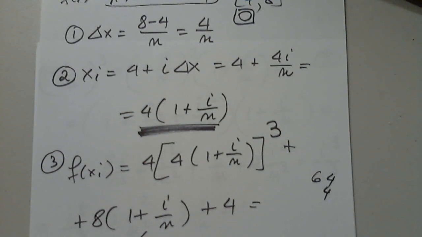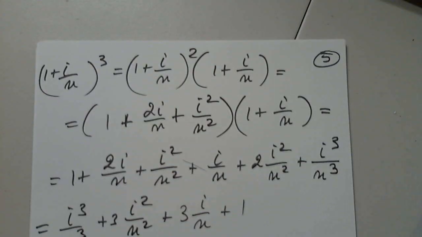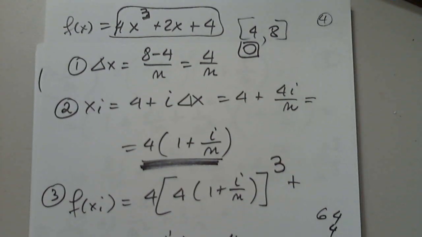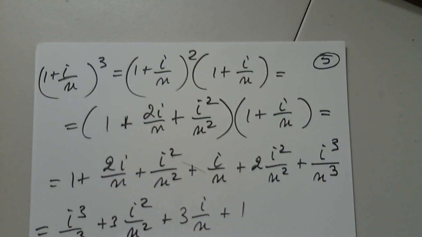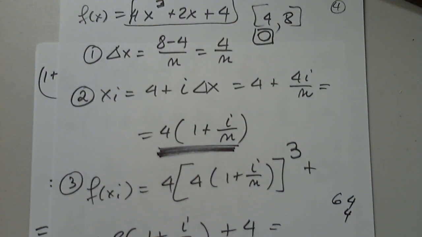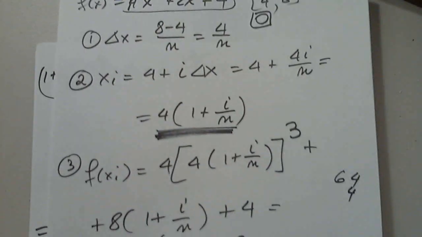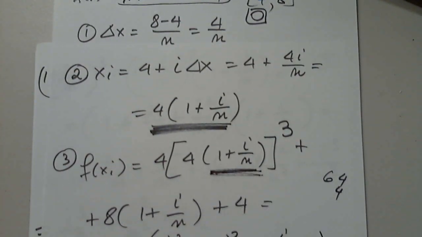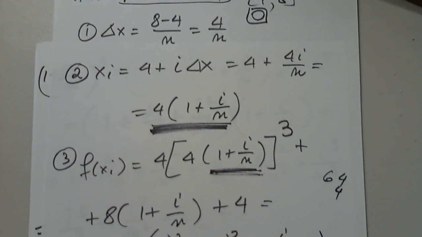And now I have to copy all this. i cubed over n cubed plus 3 i squared over n squared plus 3 i over n and plus 1. What is this? Just this. Plus, now I distribute 8 plus 8i over n and plus 4.